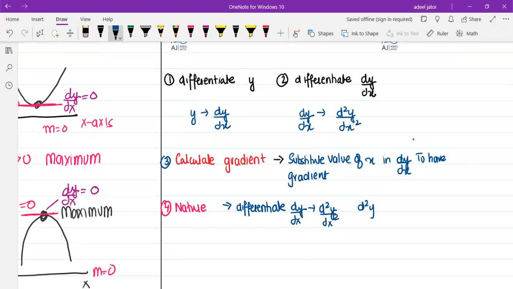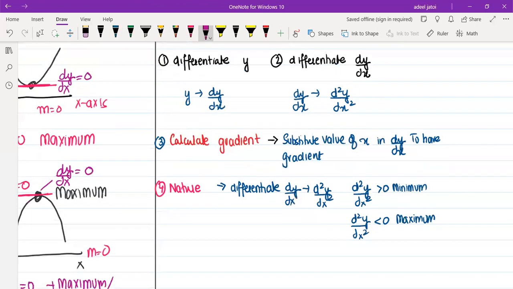If d2y upon dx square is greater than 0, it will be your minimum. If d2y upon dx square is less than 0, it is your maximum.